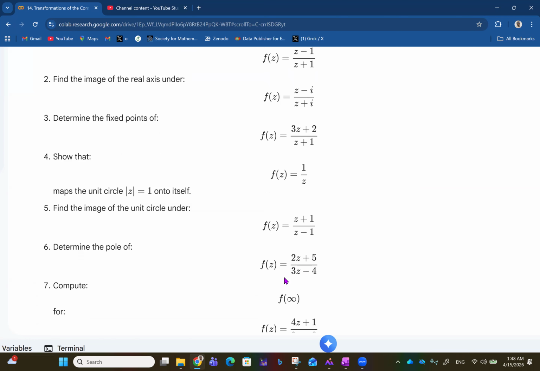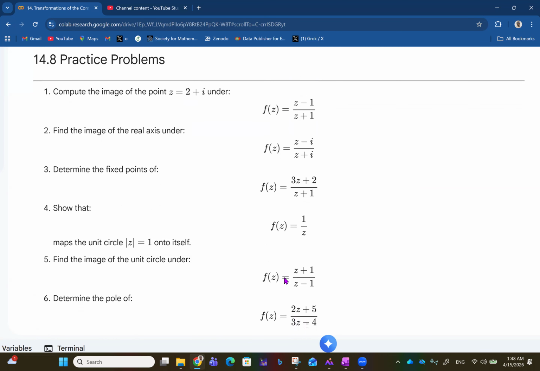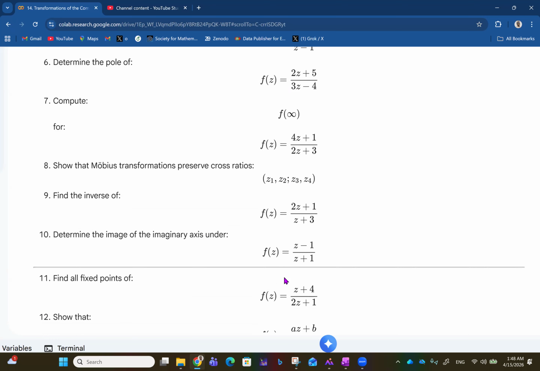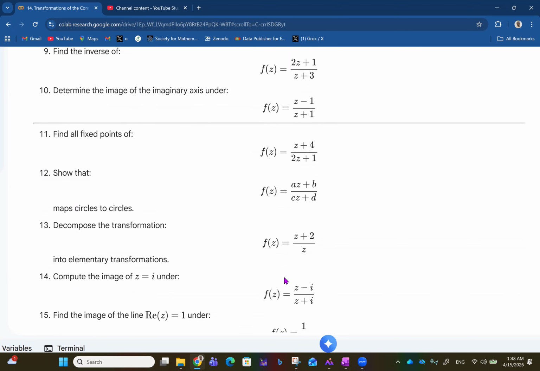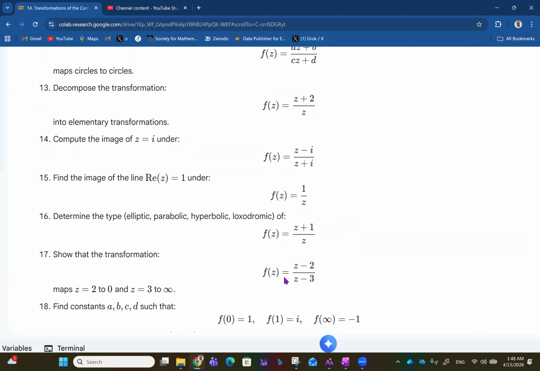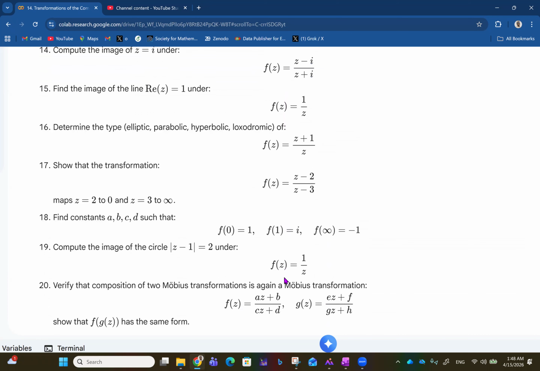But we're still going to talk about all of those later, especially when we get to integration under complex analysis. Then 1 to 6, 7 to 12, 13 to 18, and then of course the rest. Let me know how helpful this is for you.